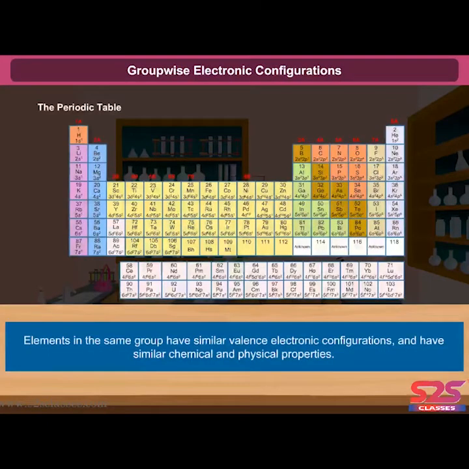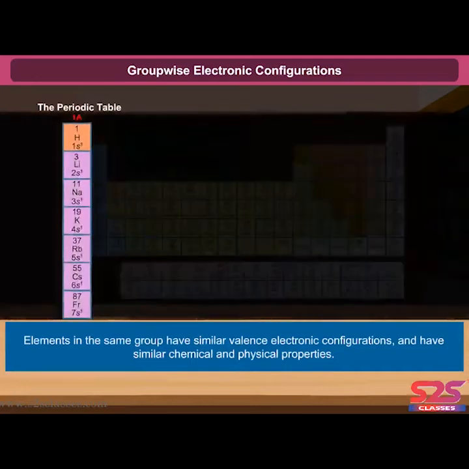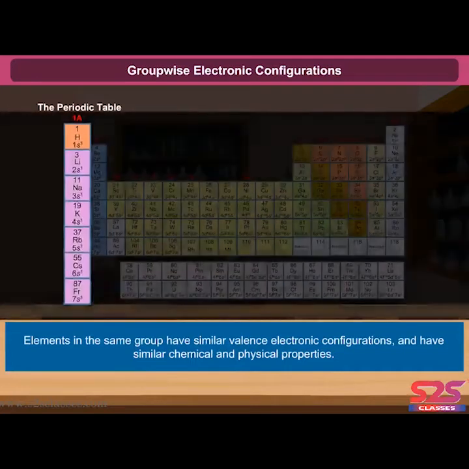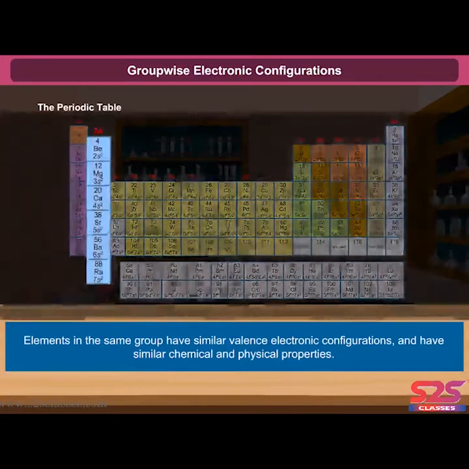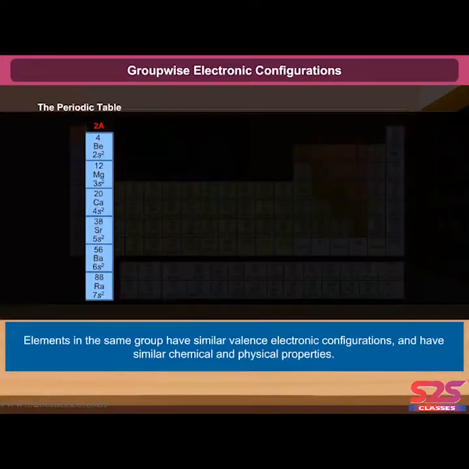Groupwise electronic configurations. Elements in the same group have similar valence electronic configurations and have similar chemical and physical properties.